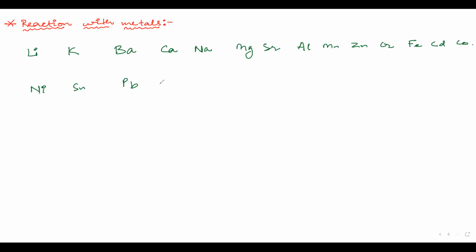Now after Pb you have hydrogen, but hydrogen is not a metal. After this you have CHAPA. Remember till here. Li K Bakana is the name of a person.